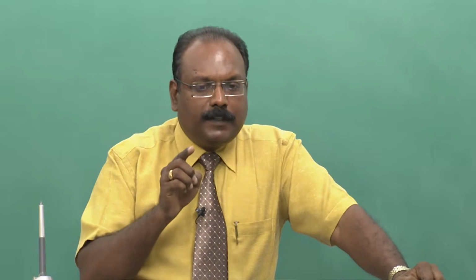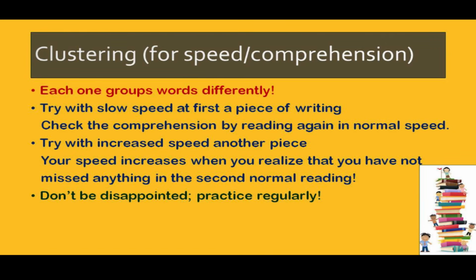Your speed will increase the moment you come to the realization that you have not missed anything in the second normal reading, and in due course of time you will not need any second reading to check whether you have understood it correctly or not, because you would have trained your eyes to group the words and get the meanings also appropriately in the first grouping itself.